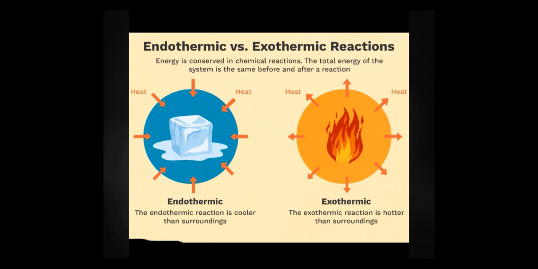Examples of endothermic reactions are melting of solid, fusion, evaporation, vaporization, dissociation of molecules into atoms, etc. And hydration process, formation of anions, combustion of petrol, catalytic oxidation of ammonia, etc. are examples of exothermic reactions.